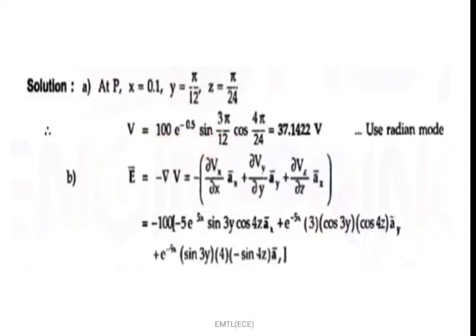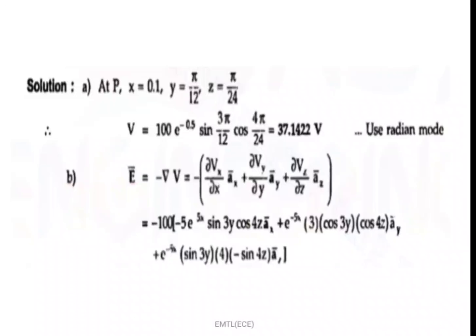That is 100 e power minus 0.5 sin 3 pi by 2 cos 4 pi by 24. This value is equal to 37.1422 volt.